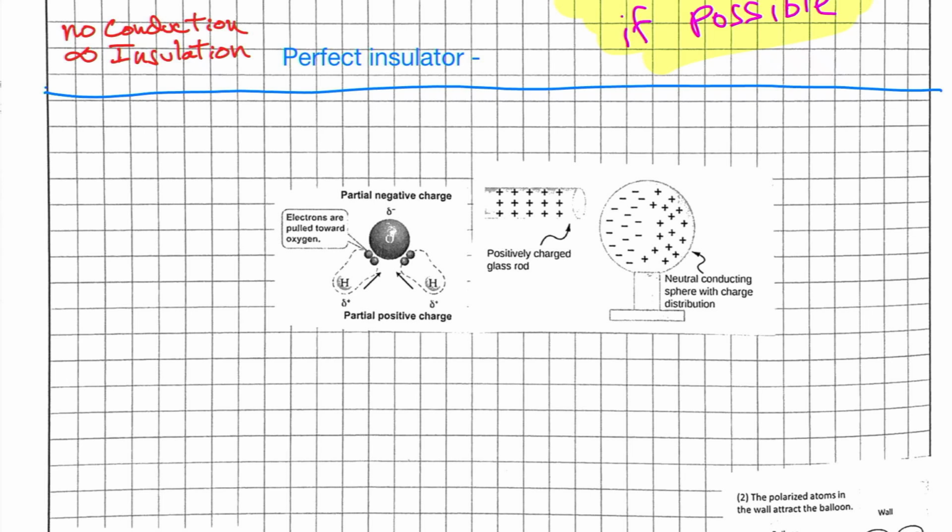All right, moving on at the bottom of the page, we're going to talk about polarization. So let's define polarization first. When something is polarized, it means that we have a separation of charges.